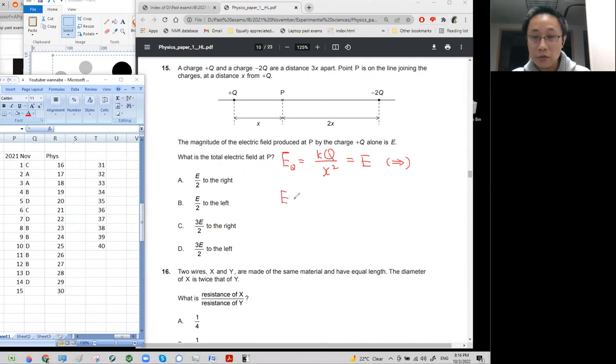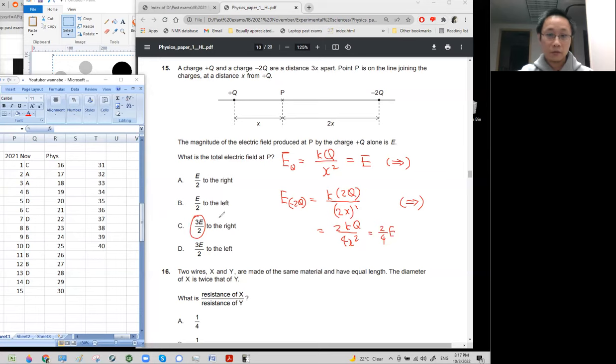Meanwhile, the electric field produced by the negative 2Q is k times 2Q. Ignore the negative sign for now, because we'll interpret that the field is also pointing towards the right. The distance is 2x, all squared. So overall this is 2kQ over 4x squared, which amounts to 2 over 4 of E, the field produced by the first charge. Because they are cooperating, the vector sum is literally the sum as well. So it should be 3/2 E, to the right.